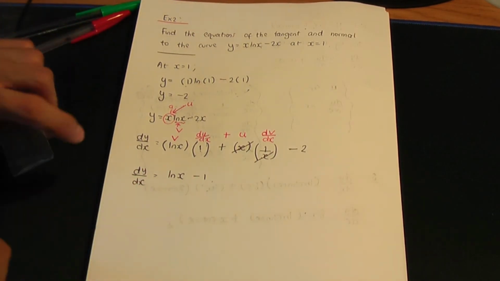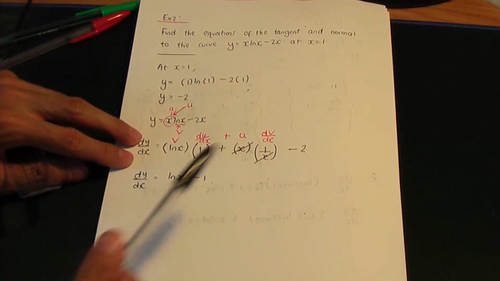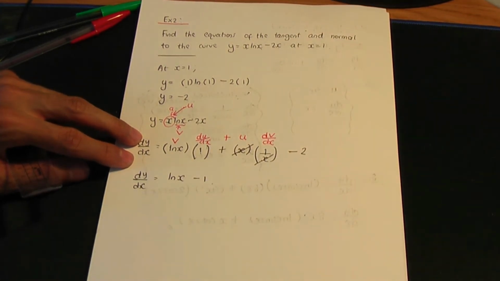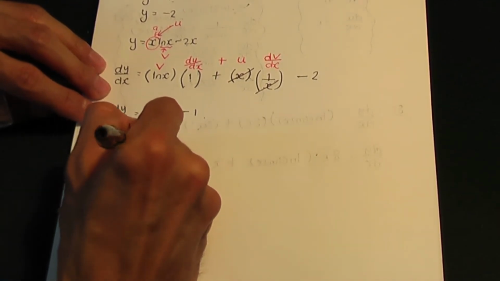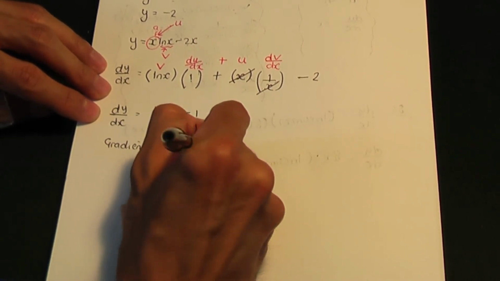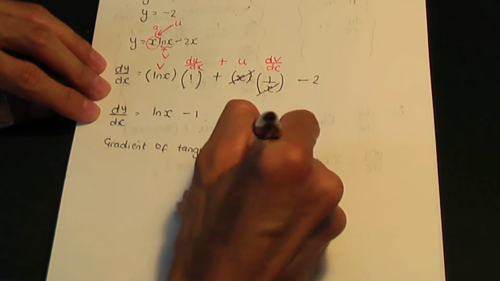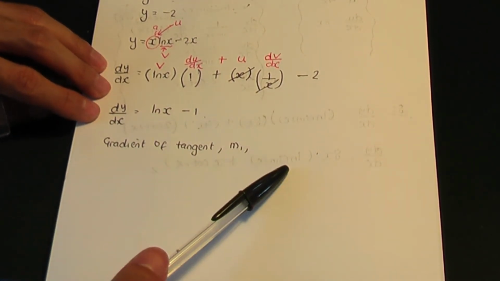Now, we have dy over dx, we need the gradient of the tangent. So for the gradient of the tangent, we're going to put the x value 1 into the derivative dy over dx. I name the gradient of the tangent m1 when doing calculations involving tangents and normals.